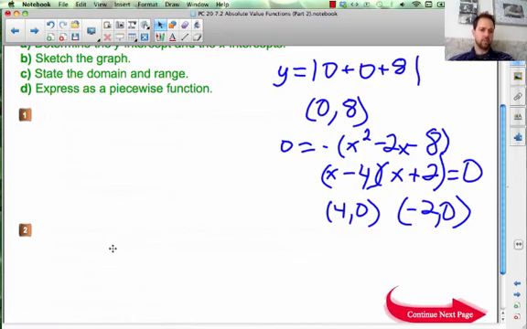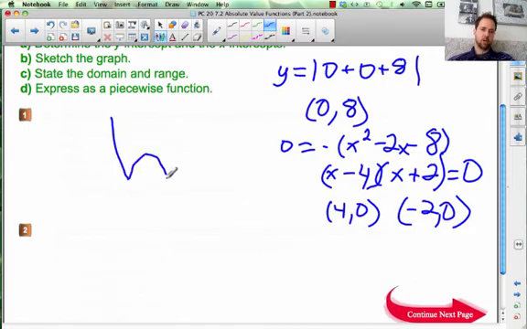So we're going to take those parts that are below the x-axis and they'll get flipped up like that, and your graph is going to end up looking kind of like a big W with the curved part in the center there. And this will be -2 and 0, and this will be +4 and 0.